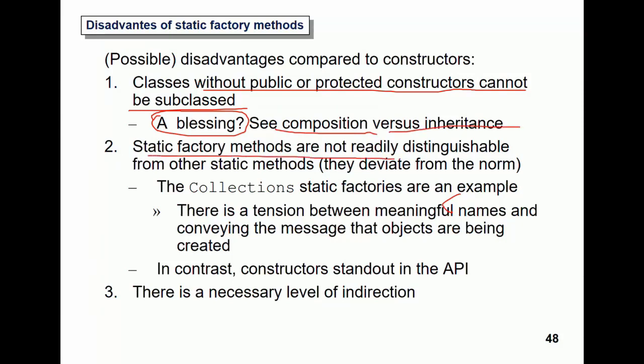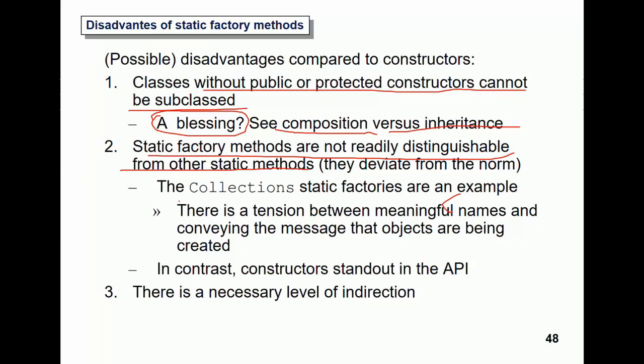Static factory methods are not readily distinguishable from other static methods, so there needs to be a way for the person that's using your class to know which method to use to instantiate the objects. Because if you've got a large class with lots of methods, some of them static, some non-static, it can be confusing, and they can't tell immediately which method to use to create the object.